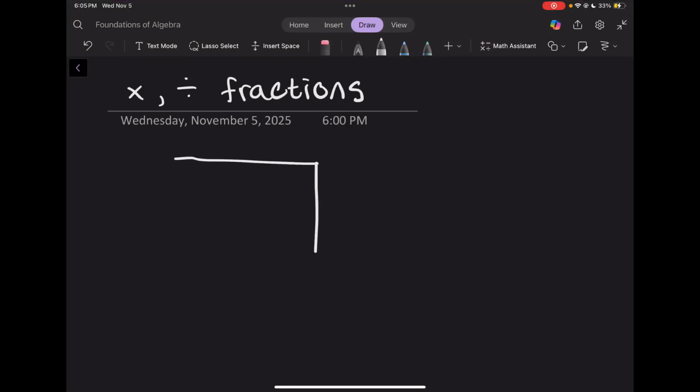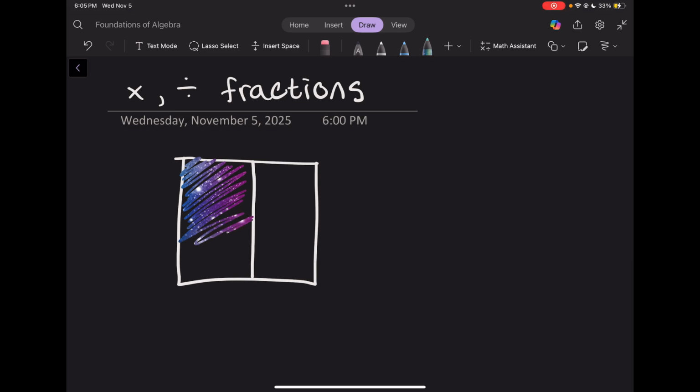Alright, imagine that I have a square and I cut that square into 1/2, but I only shade 2/3 of this half. So, like this.